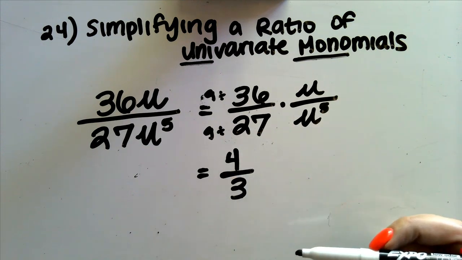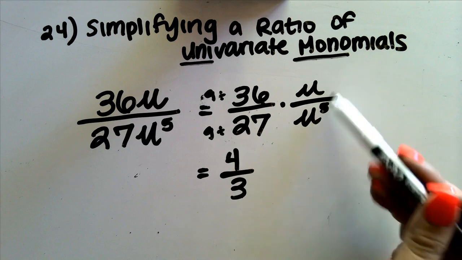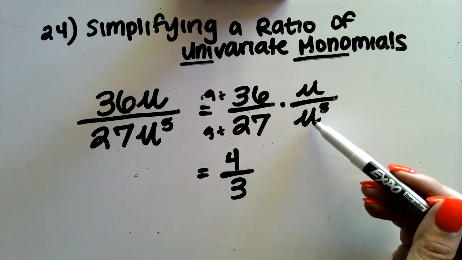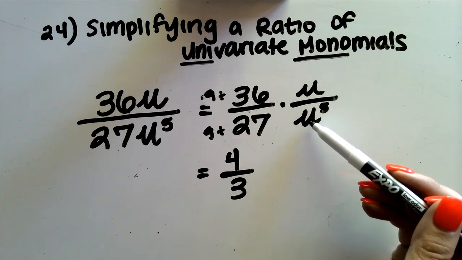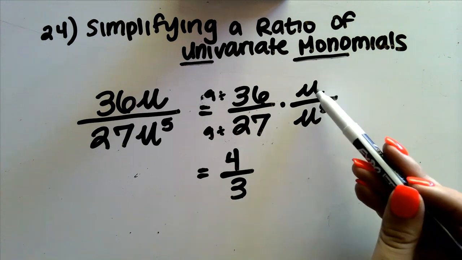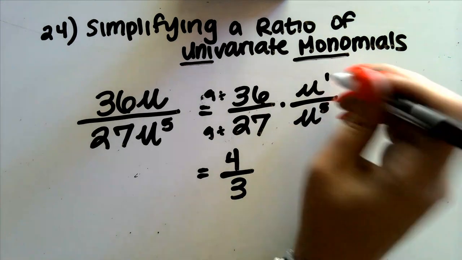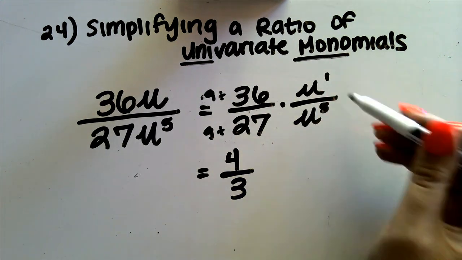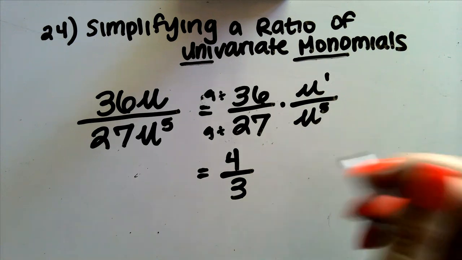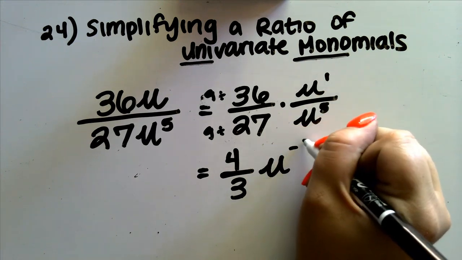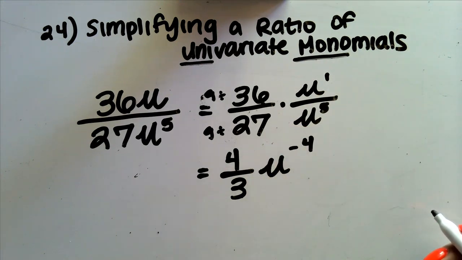Okay, now let's use our quotient rule here to determine what this should be. We know that u is actually u to the first power, and 1 minus 5 is u to the negative fourth power.